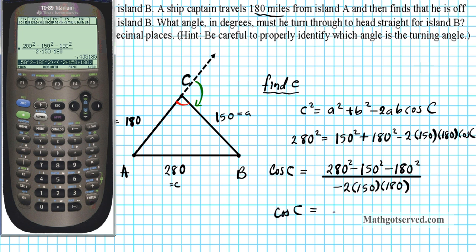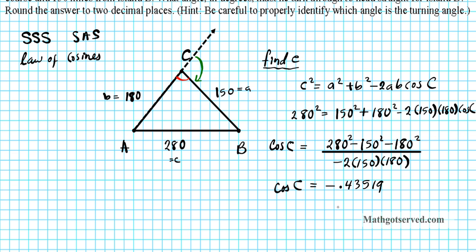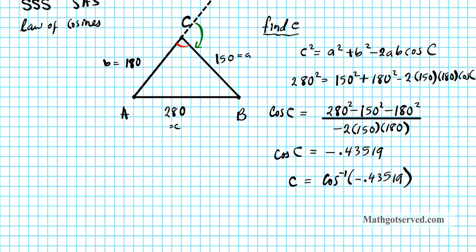All right, so let's write that down. That's going to be negative 0.43519. Let's get angle C by itself. To accomplish that, we'll take the inverse cosine of both sides. So C is the inverse cosine of negative 0.43519. Let's put that in a calculator and see what we get.